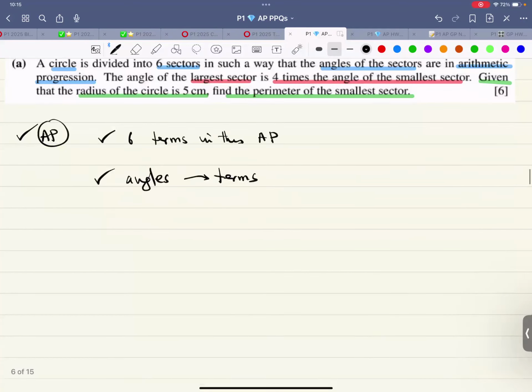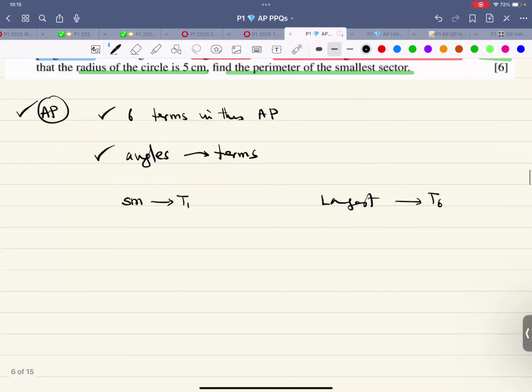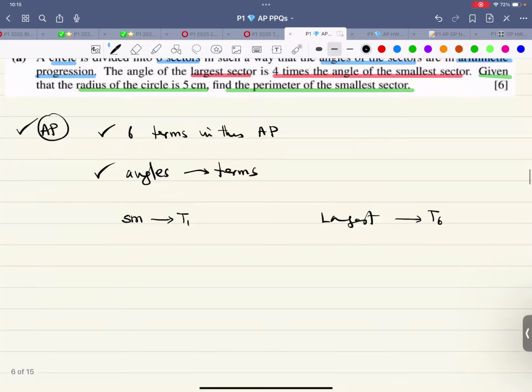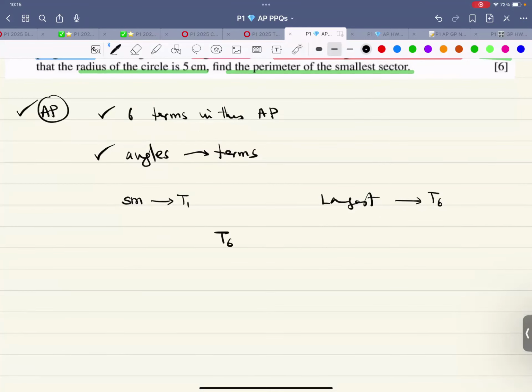What else is there? The largest sector. So if I'm starting with smallest as the first term, then largest would be the 6th term. That is one approach. And it says the largest is 4 times the smallest. So T6 is 4 times T1. That's another piece of info that we have achieved.